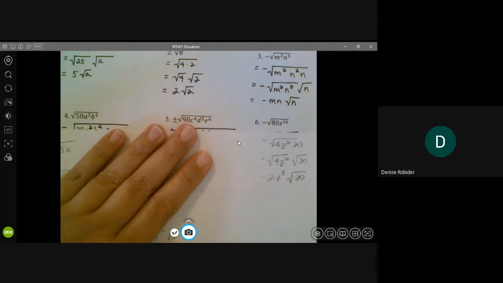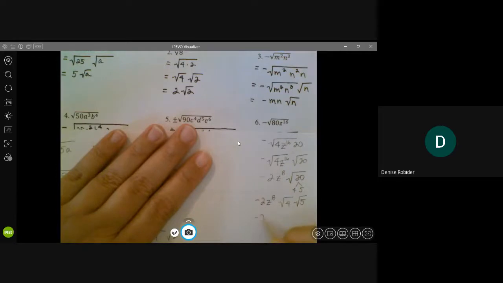Or if this were a multiple choice situation, you're going to get this answer and realize, oh no, none of these is my choice. Okay? Because 20 actually breaks down further. It's got a square in it. It's 4 times 5. So you would have to do a few more steps and break down 20 even further. It becomes the square root of 4 times the square root of 5.